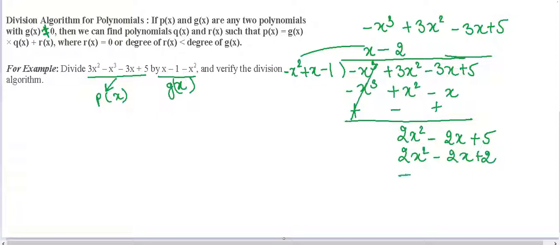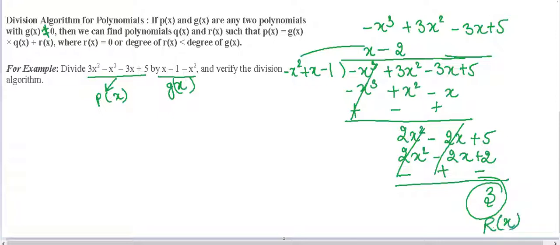You will write it as negative, it is positive, and here it is negative. Now you'll cut this and you'll get the answer here as 3. So this is your remainder, that is rx. This is your qx, this is your gx, and this is your px.